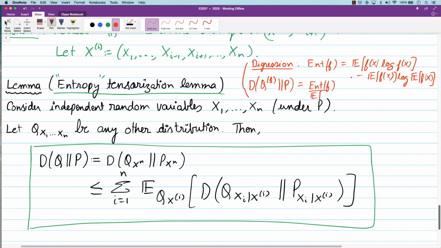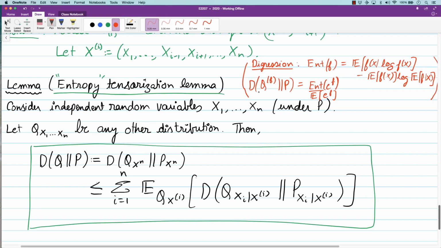This divergence is exactly equal to the entropy of e to the power f divided by the expected value of e to the power f. So this formula from last time says this divergence can also be related to this ratio. This is just by definition.